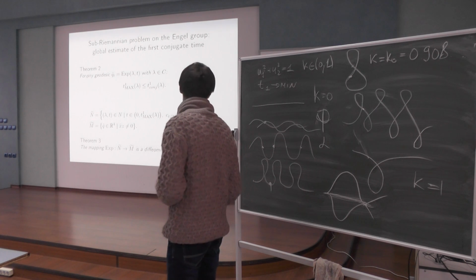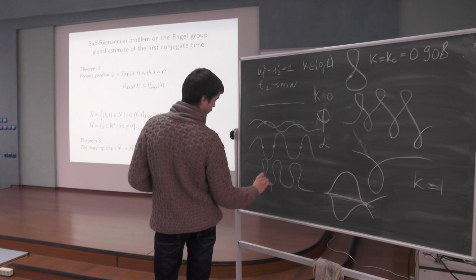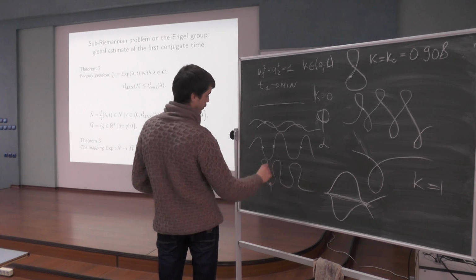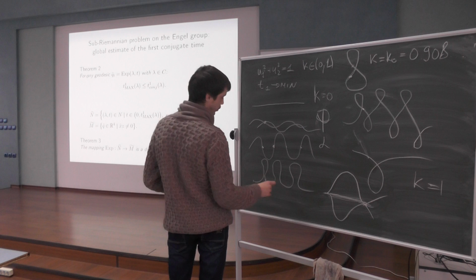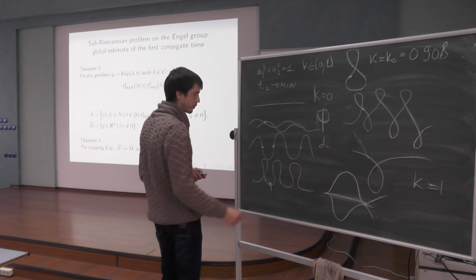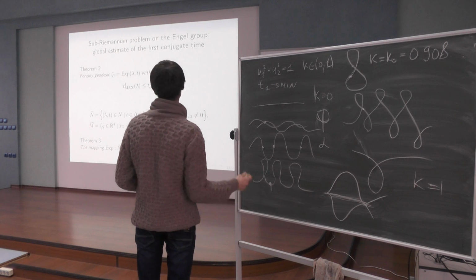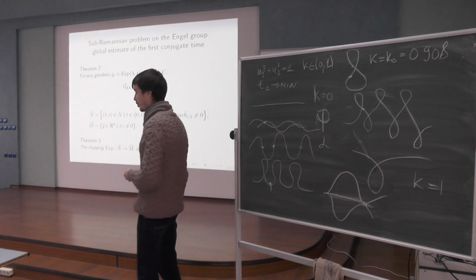So we proved that before the Maxwell time, if we consider this point on the extremal curve, we know that only one optimal curve is going to this point.